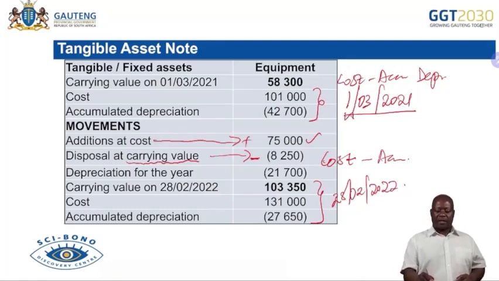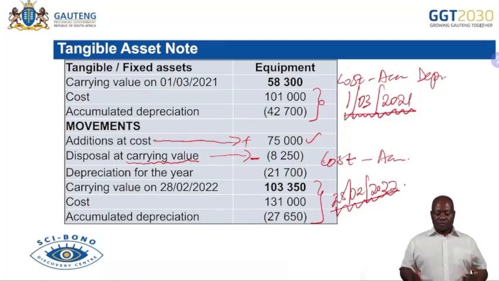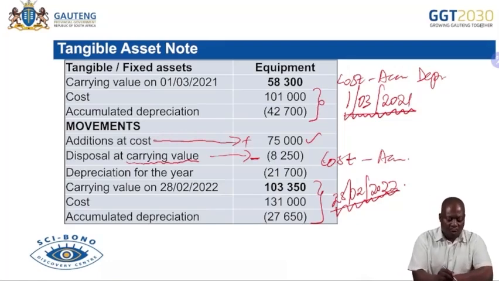This was when the year started, and this is when the year is ending. So we are going to ask, how much is the cost now? Very important. How much is the cost now? Please remember, we are going to link the cost at start, and then we add at cost.